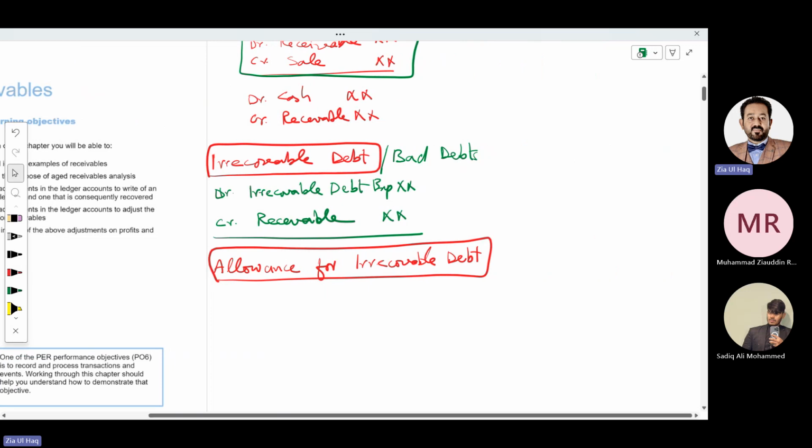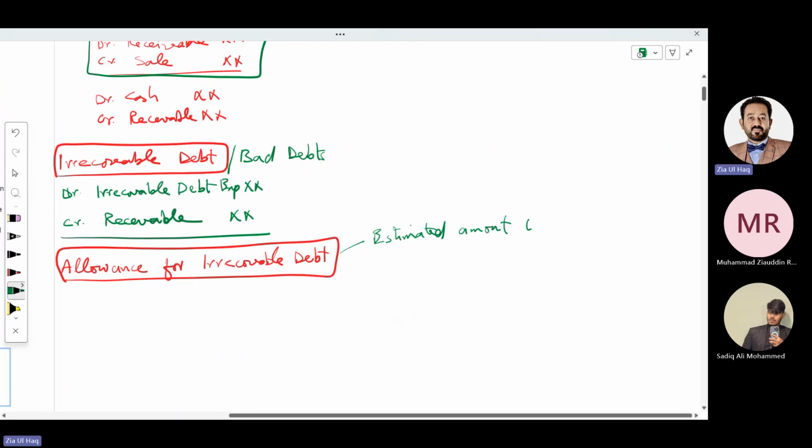Allowance for irrecoverable debt means the estimated amount that might not be recovered from customers.